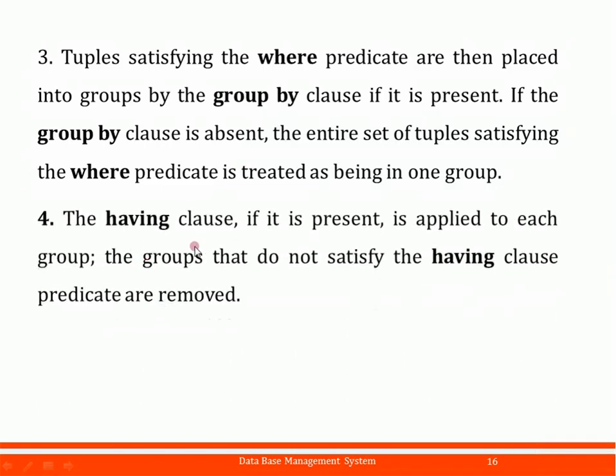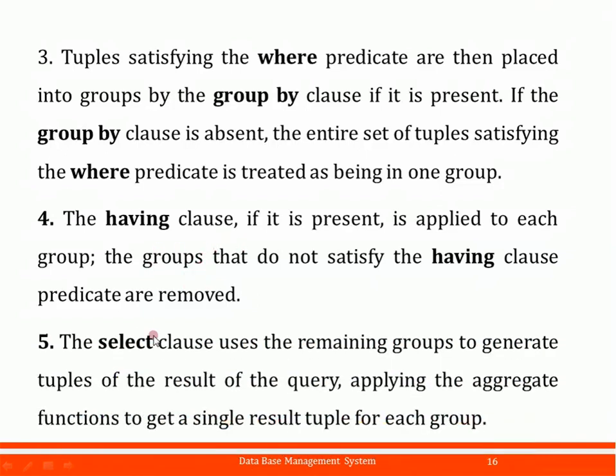And if the having clause is present, then the predicate in the having clause is applied to each group. This is the fourth step. The groups that do not satisfy the having clause predicate will be removed. The select clause uses the remaining groups to generate the result tuples of the query, applying the aggregate function to get a single result tuple for each group.